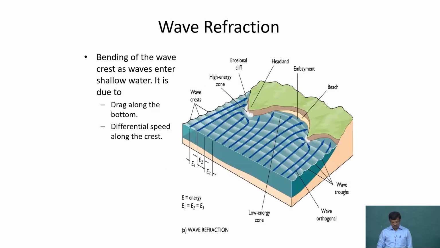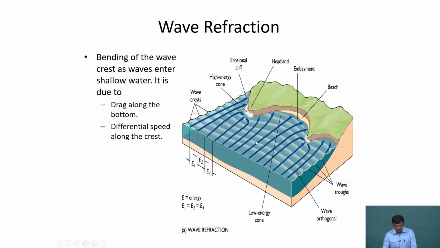Particularly, this refraction happens whenever there is a headland, because the seabed contours, the white lines, make the wave direction change such that it always makes a concentration of energy towards the headlands. Whenever there is a bay, there will be a divergence.